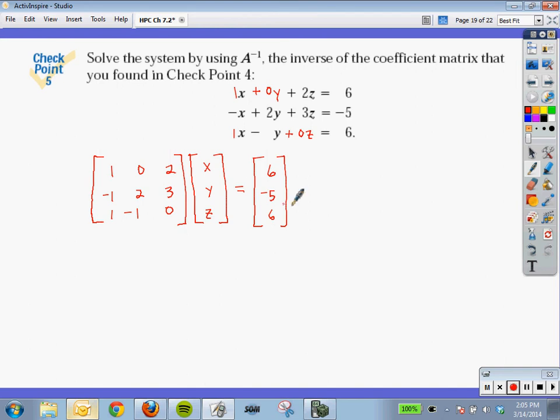Now you guys, we're calling the coefficient matrix A. We're calling the variable matrix X, and we're calling this constant matrix B. And what we want to do is solve for those unknown values.